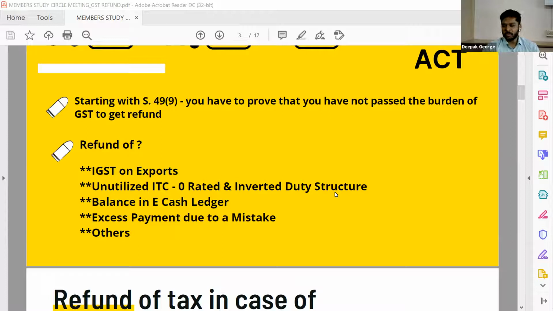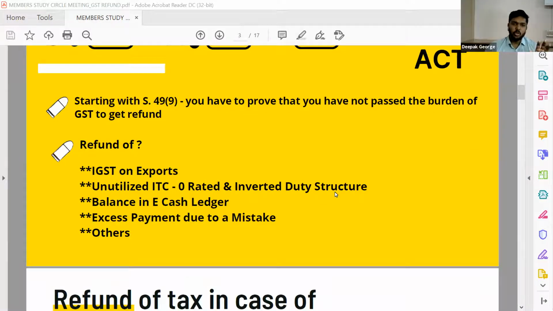Probably we need one more study session to understand the refund mechanism in inverted duty structure. And then you have whatever is the balance in your electronic cash ledger. If you're winding up your company and you have some money in your cash ledger, why not claim refund? And then, by mistake, you paid CGST instead of IGST, and SGST instead of IGST.